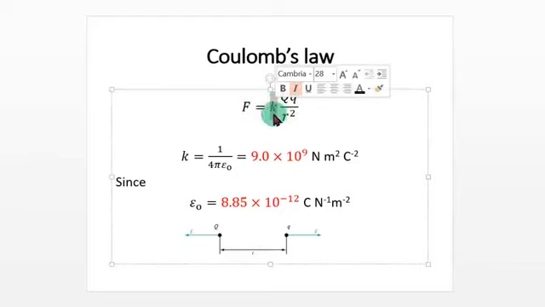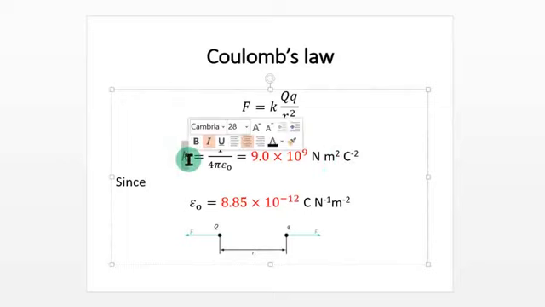That is what we often refer to as K. K in a vacuum, in free space, will give us a value of 9.0 times 10 to the 9 newton meter squared per coulomb squared. So that will be the value of K.